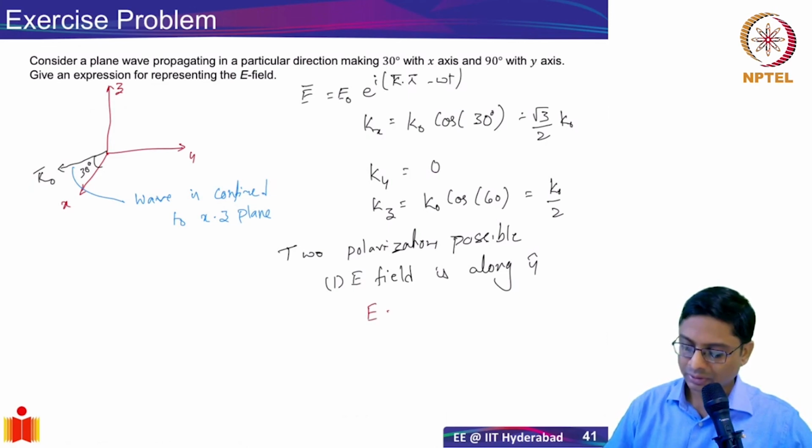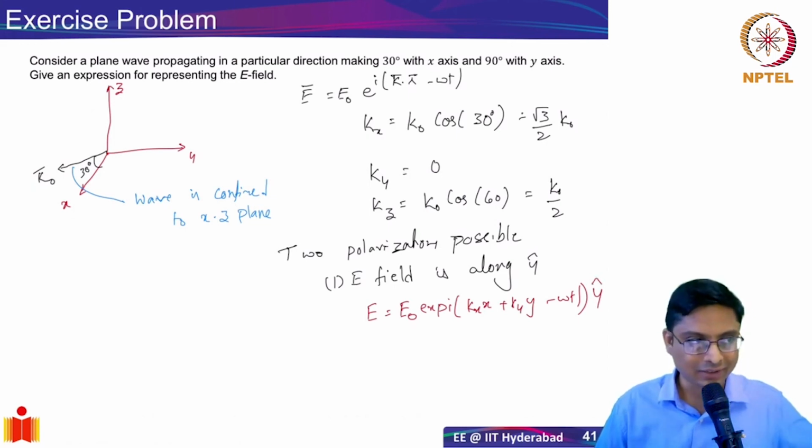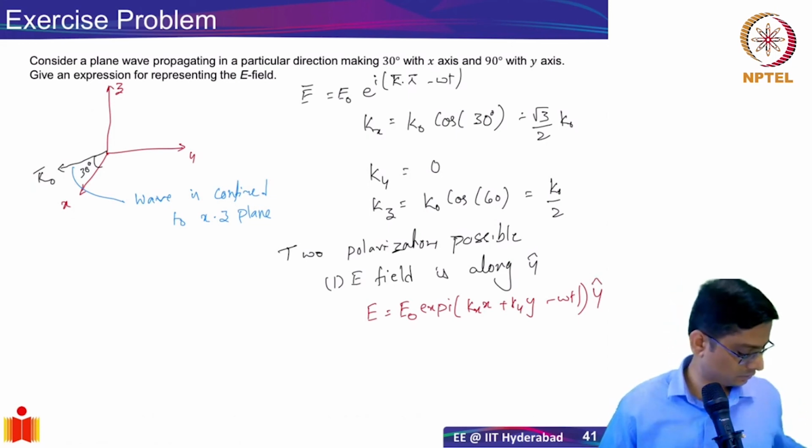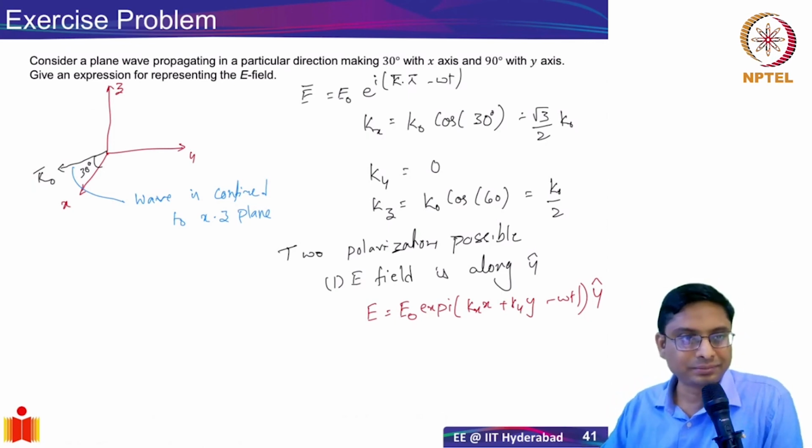So my E is equal to E naught exponential i k dot r, so kx x plus ky y minus omega t. And then there is a direction vector associated with that. This is y cap. So it is in the direction of y. This is one possible electric field that is there.